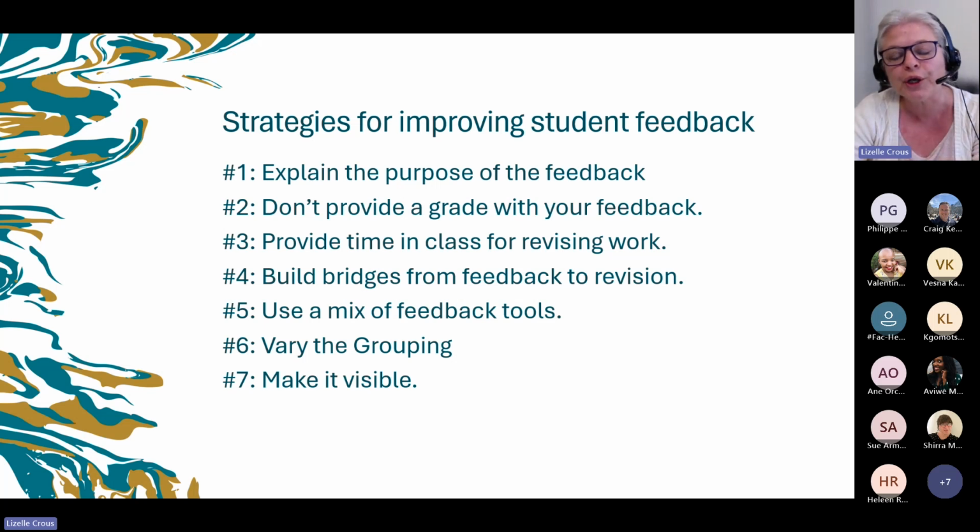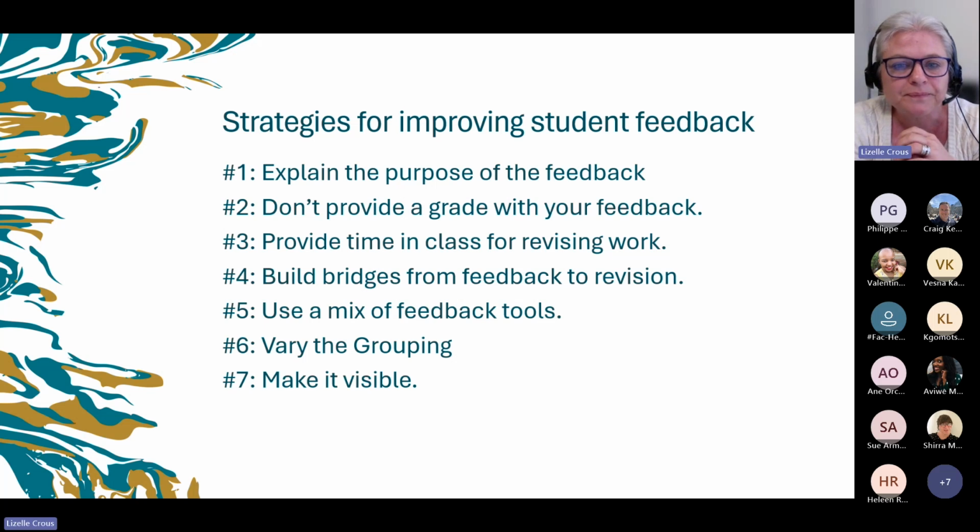How are you going to go about revising the work? What do you want to change? Give them opportunities, or ask directed questions, so that they start thinking about how they should be using and making sense of the feedback, and then plan an action plan based on the feedback that they got.